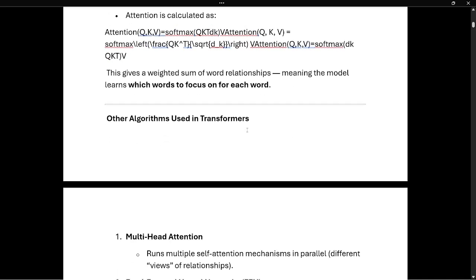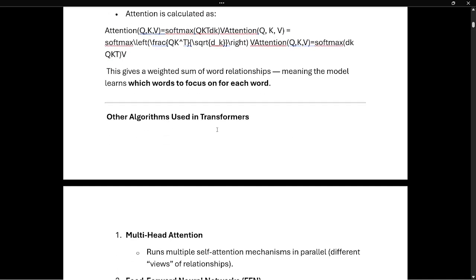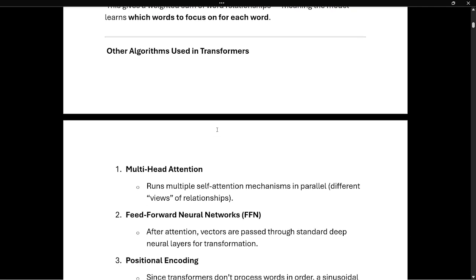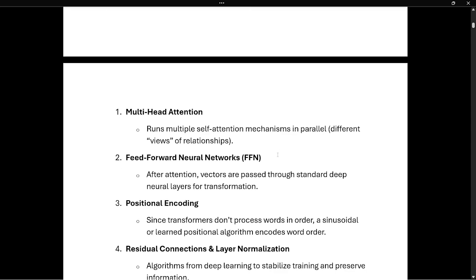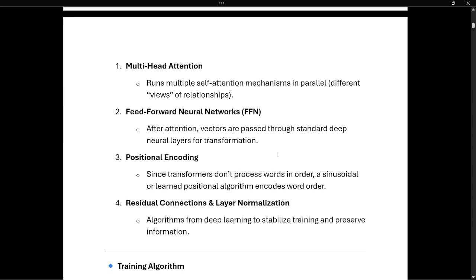What other algorithms are used in the transformer apart from self-attention? We have multi-head attention, which runs multiple self-attention mechanisms in parallel, giving different views of relations. We have the feed-forward neural network, which we have already seen: after attention, the vectors are passed through a standard deep learning neural network, called FFNN.